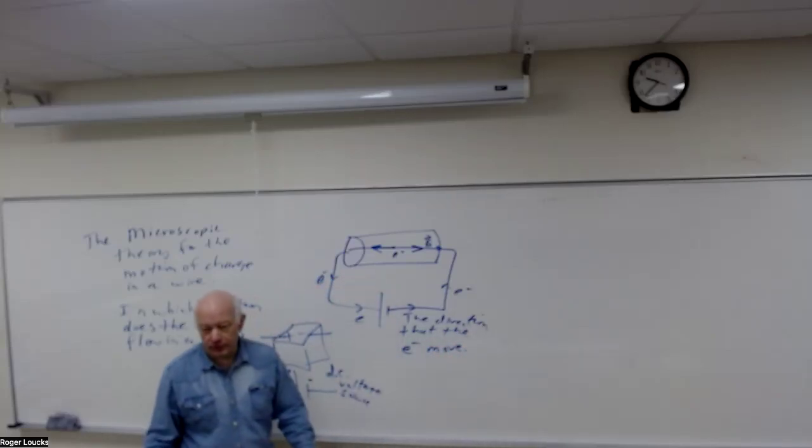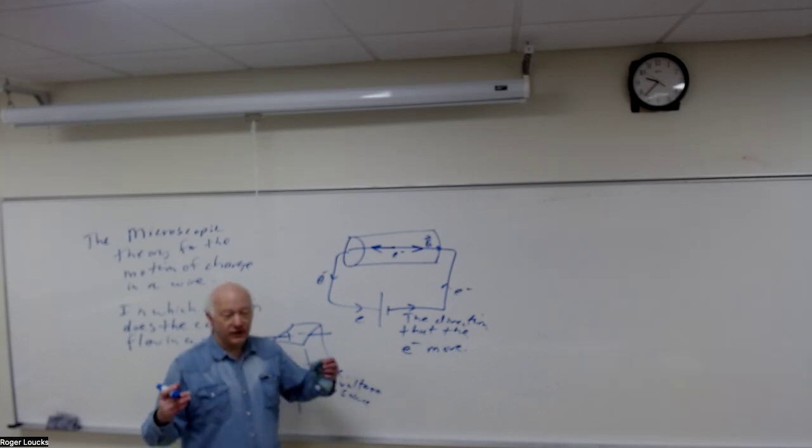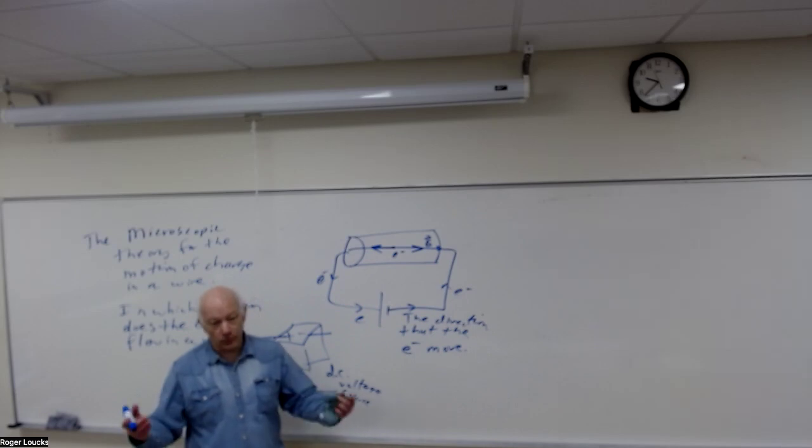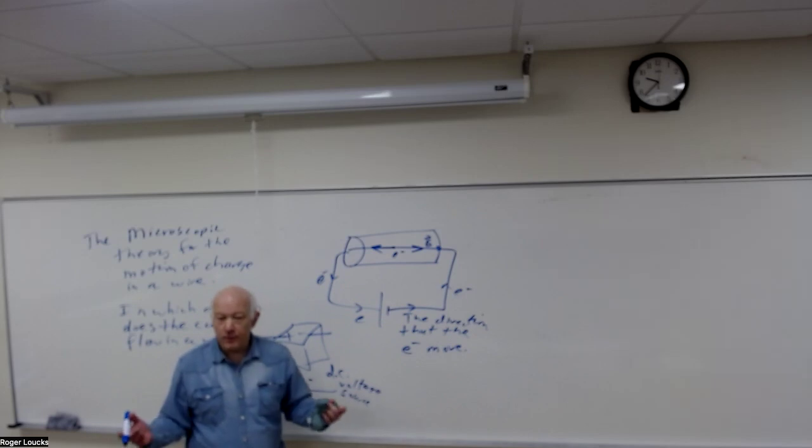And now here's just where it gets weird. Historically, people didn't think the electrons moved. Now we know better because we have a better understanding of the structure. But historically, people actually thought positive charge moved.